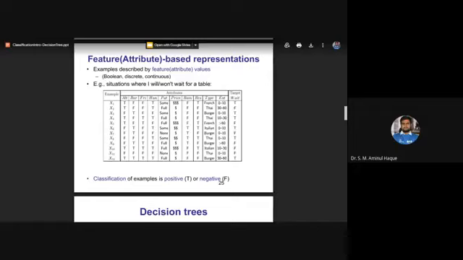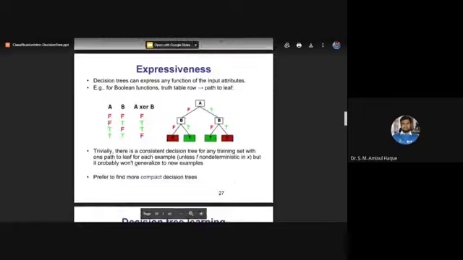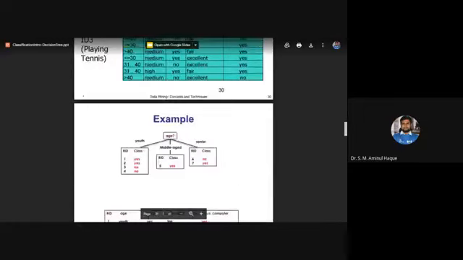Yes, sir, 100%. If it is 100% heterogeneous, what should be the value of the entropy for this whole data set? 1 is the maximum. It will be 1.